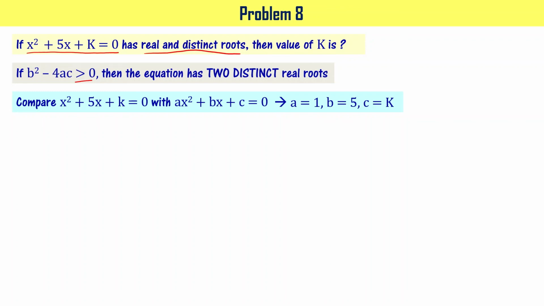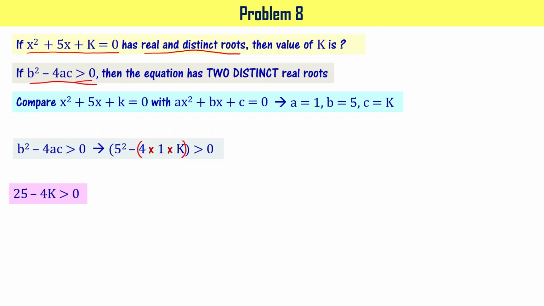Let's substitute these into b square minus 4ac greater than 0. When you do that, you will write it as 5 square minus 4 times 1 times k, that is greater than 0. This can now be written as 25 minus 4k is greater than 0, right? This can be further rearranged and written as 25 is greater than 4k, right?